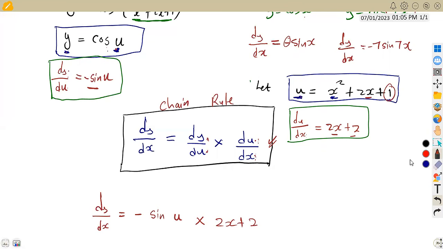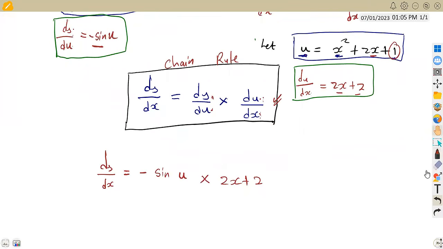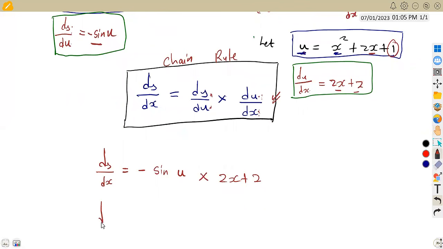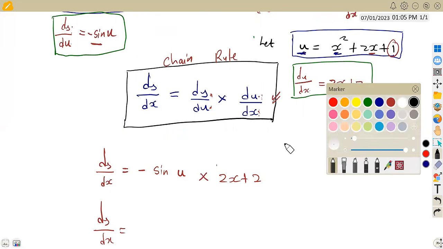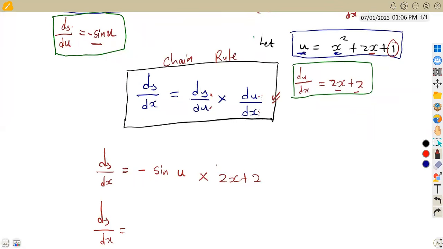Now, if we are to combine this part, we are going to have dy/dx equivalent to negative, times 2x plus 2, times the sine of u.